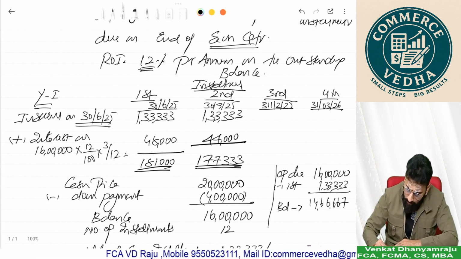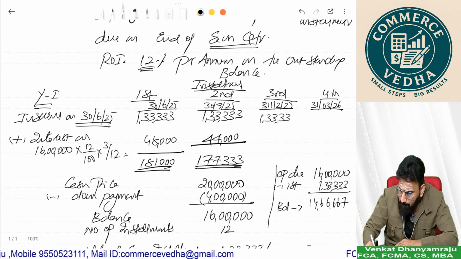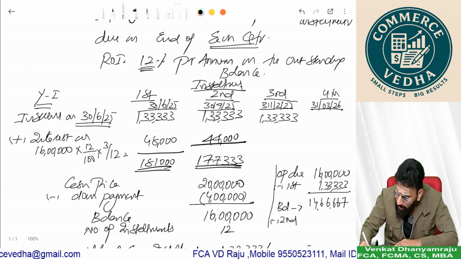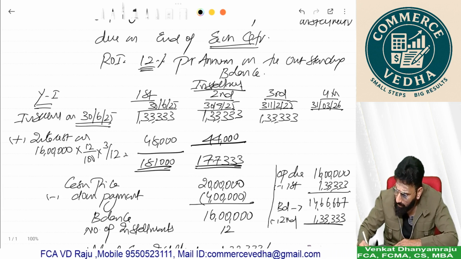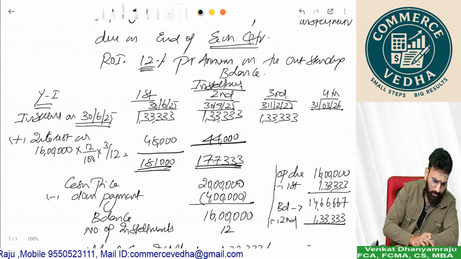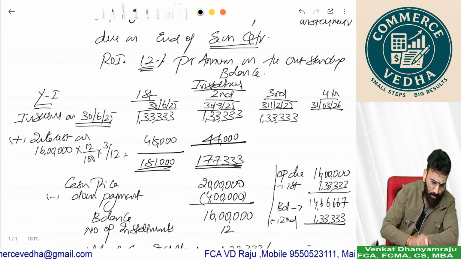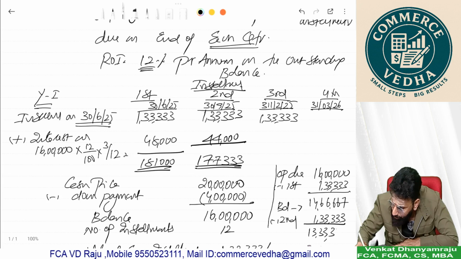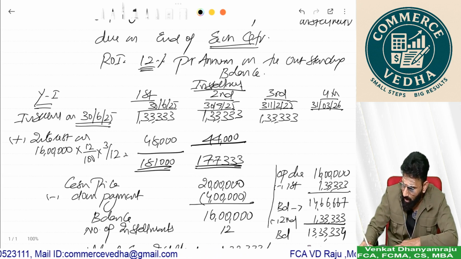Now here comes third installment, principal remains the same. The interest is minus second installment 133,333. So 14,66,667 minus 133,333 is 13,33,334. This is the due balance.